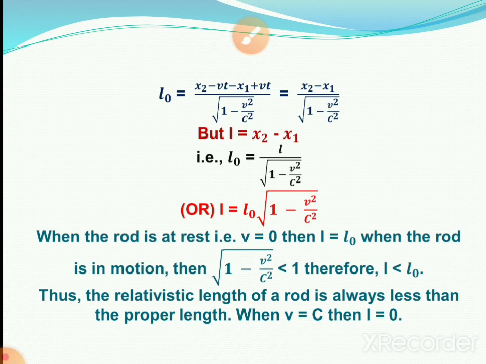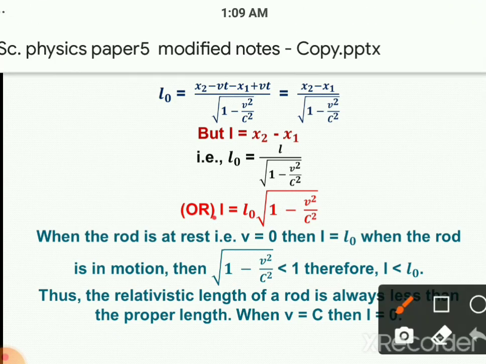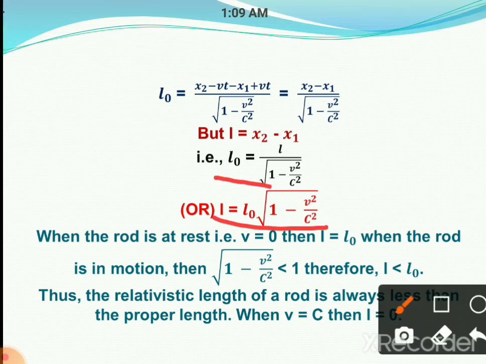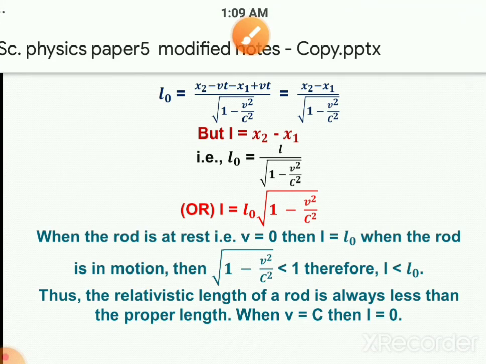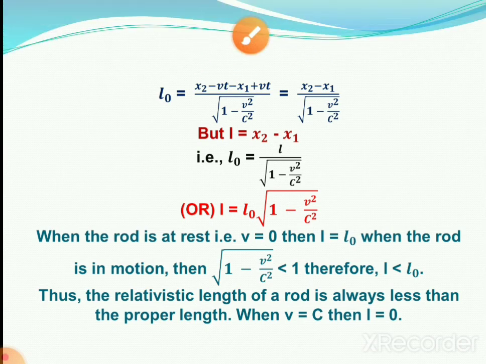Small letter L represents the relativistic length. L naught represents the proper length. So this gives the expression for the relativistic length and the proper length. This is about the Lorentz contraction, also called the length contraction.